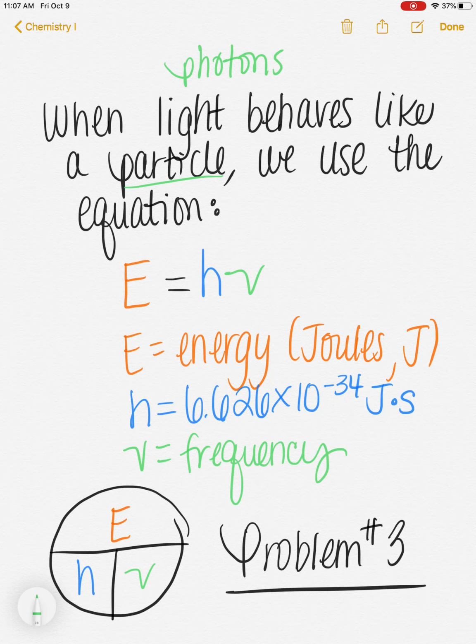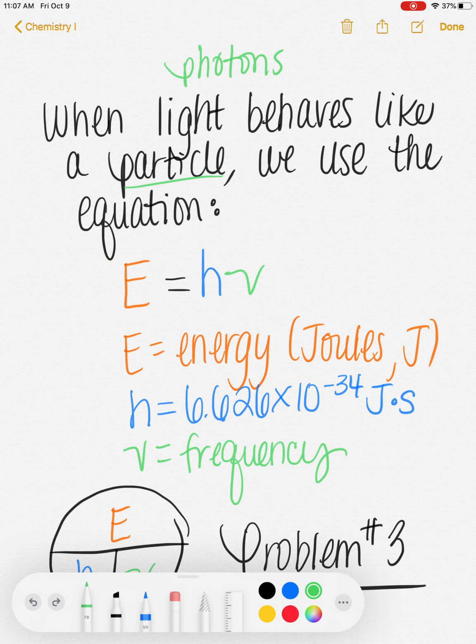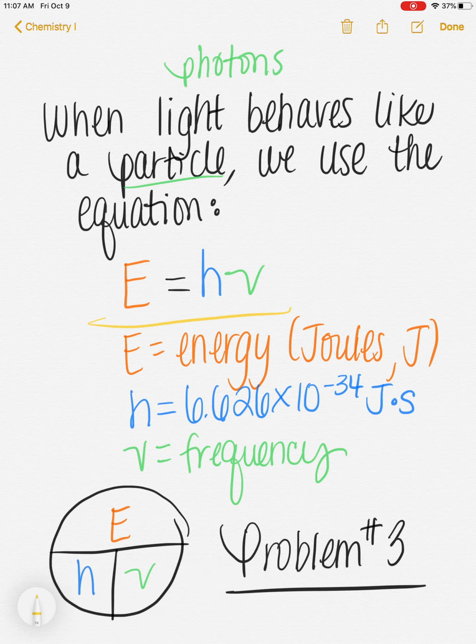So when light is acting like a particle, we have to use a new equation. This equation is E equals hν. The capital E here stands for energy, and it is measured in the units of joules, capital J. h is called Planck's constant.